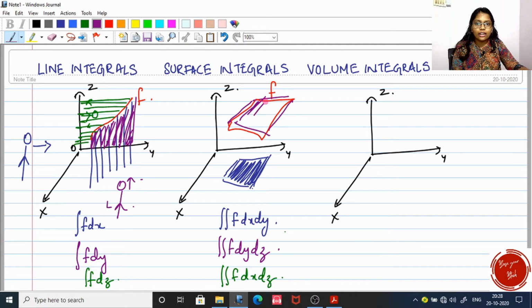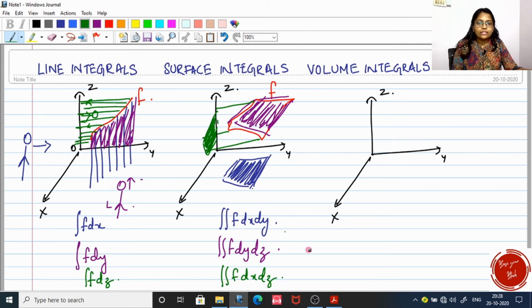The area of that projection is got from double integral f dy dz. And lastly, for double integral dx dz, in the xz plane you have to take the projection. This projection's area is got by taking the double integral of the function in dx dz.